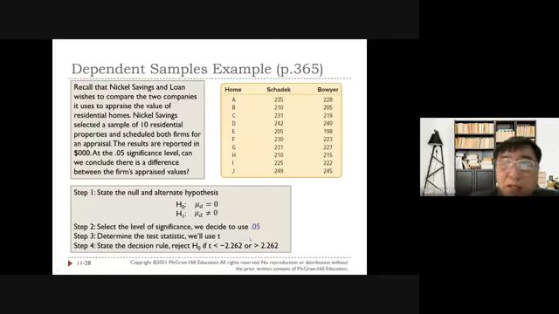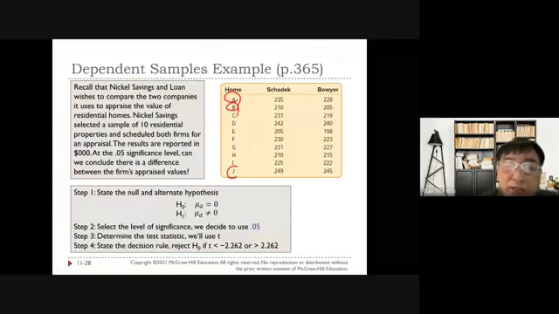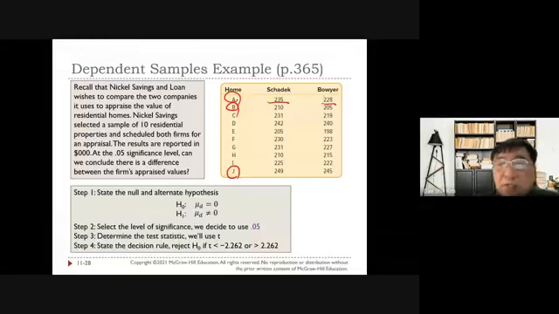So there will be a pair of values between the appraisal variables. For homes A, B, up to J, you see Shedek appraised a little bit higher. When you see this one, yes, always higher. Shedek is a little bit more positive and Boyer is a little bit negative.